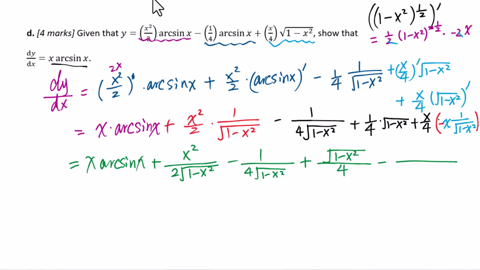The denominator is 4 square root of 1 minus x squared, and the numerator is x squared, equals x arc sin x.